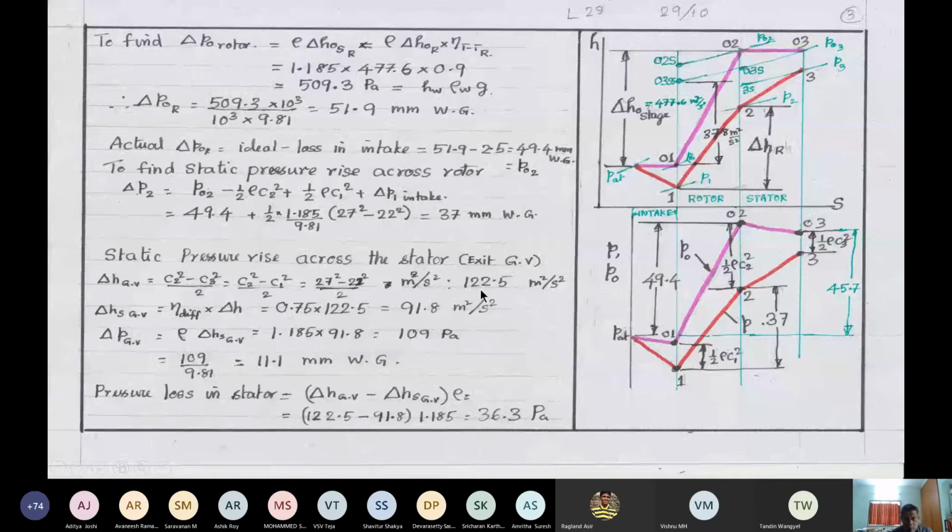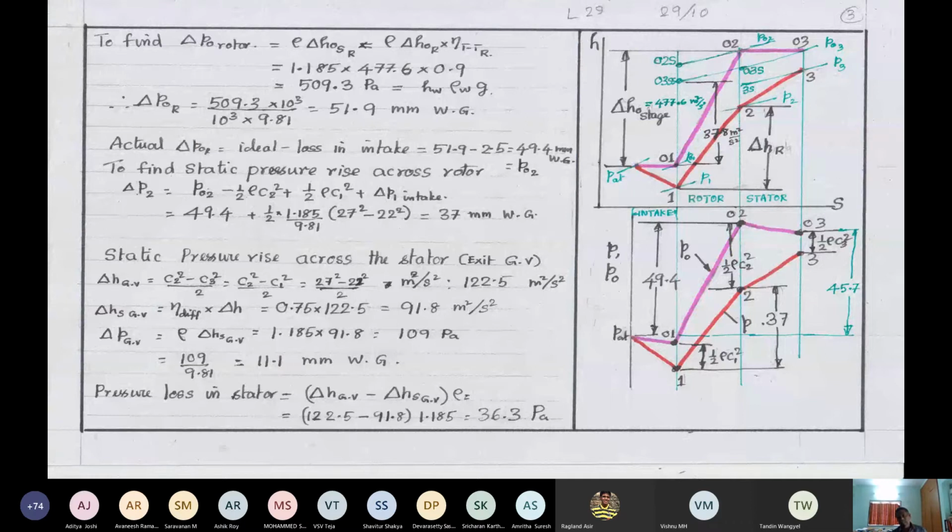So we actually want the isentropic delta H. Then if you multiply that by density, you will get the pressure. So how do we find this? These are losses which are very difficult to calculate from fundamental principles.